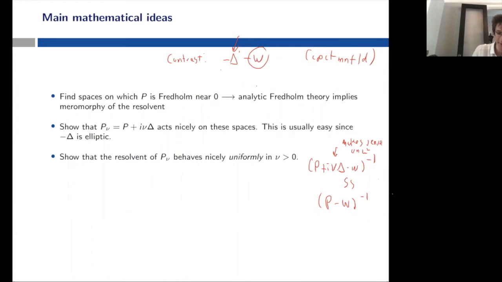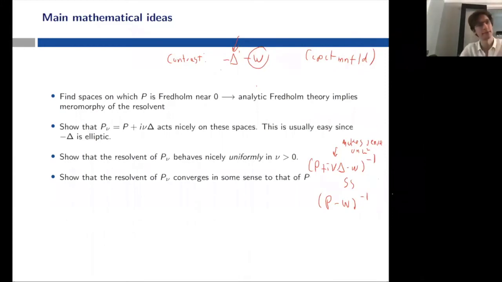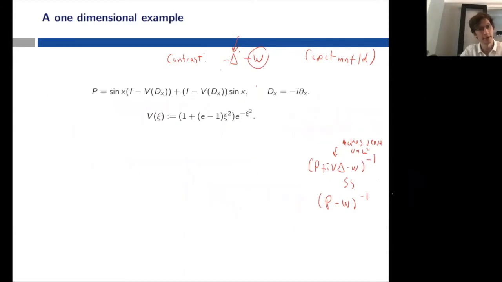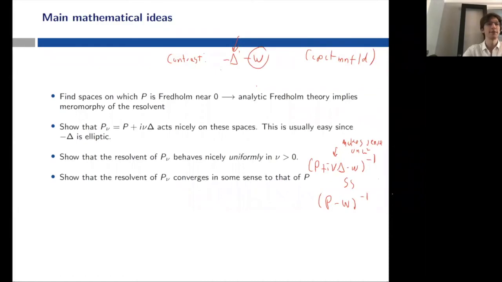And if I can do that, then often I can see that these things approach one another in an appropriate sense. Okay, and that's the last step, right? So I want to show that the resolvent of this P nu converges in some sense to that of P. Okay, so that's the strategy. Try to find spaces on which P is Fredholm. This is a robust tool for doing meromorphic continuations. Apply the analytic Fredholm theorem and get some uniform understanding of P nu as nu goes to 0.